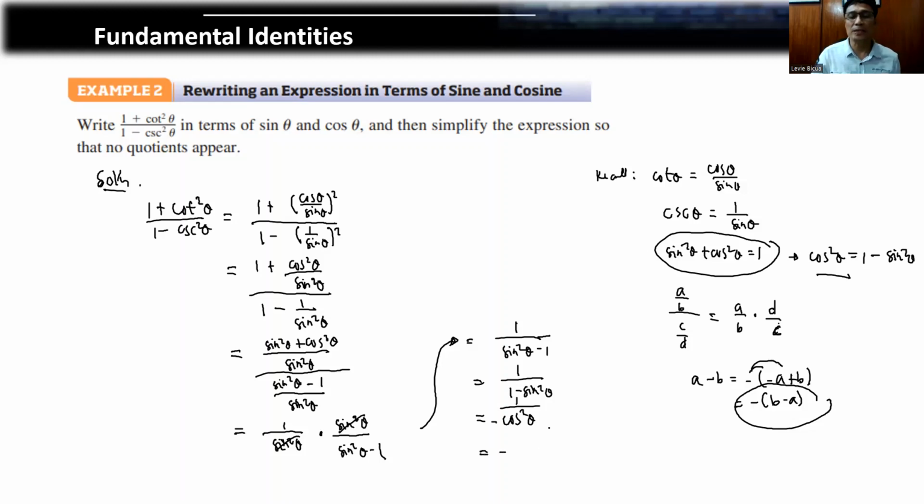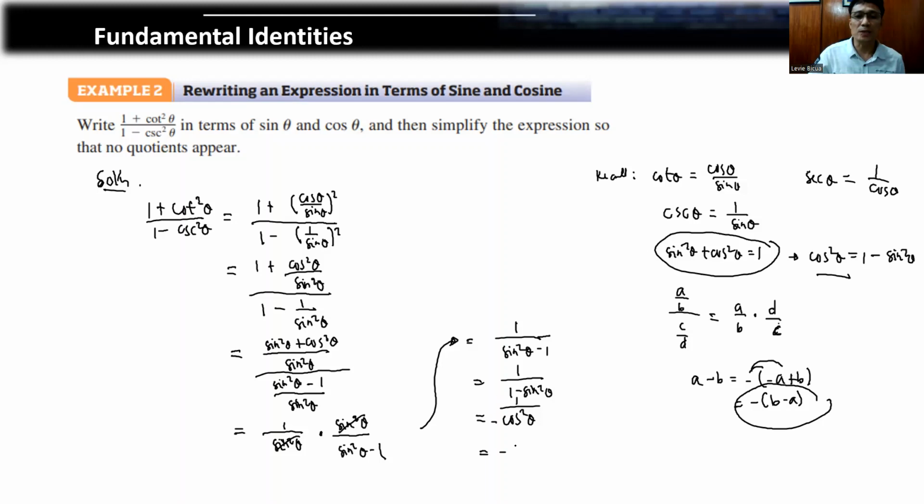And therefore, this is equal to negative. What is 1 over cosine? According to the reciprocal identity, the reciprocal of cosine is secant. Secant theta equals 1 over cosine theta.